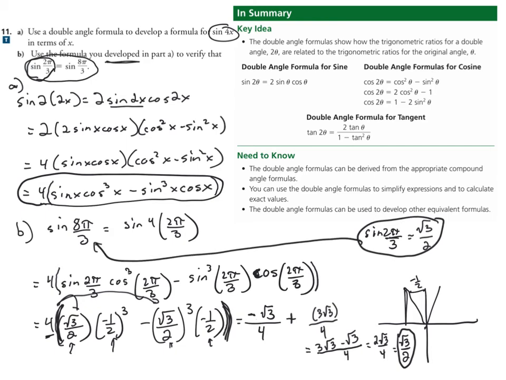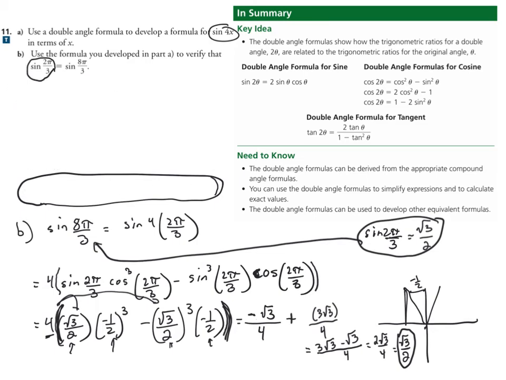And we could always have, let's get rid of part of this. We could have easily known that if we just said 8 pi by 3. So this is 1 pi by 3, 2 pi by 3, 3 pi by 3, 4 pi by 3, 5 pi by 3, 6 pi by 3, 7 pi by 3, 8 pi by 3, and 2 pi by 3, 1 pi by 3.